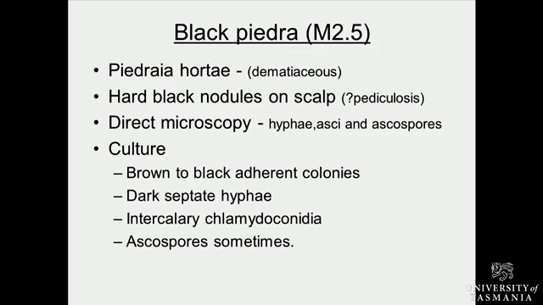And it makes ascospores, so it's an ascomycete. These spores are sexual spores. They're not asexual. And again, when you grow them, they tend to revert back to being asexual, and you tend not to see ascospores from a colony, but you do from the patient.